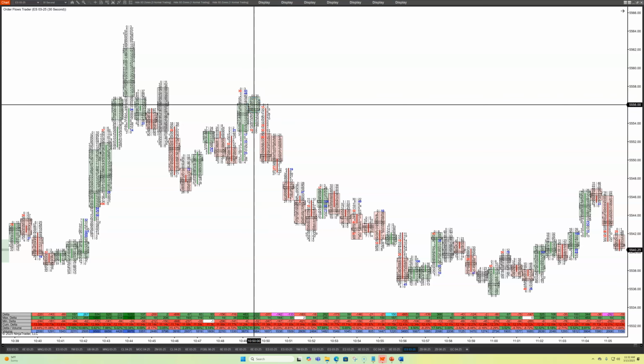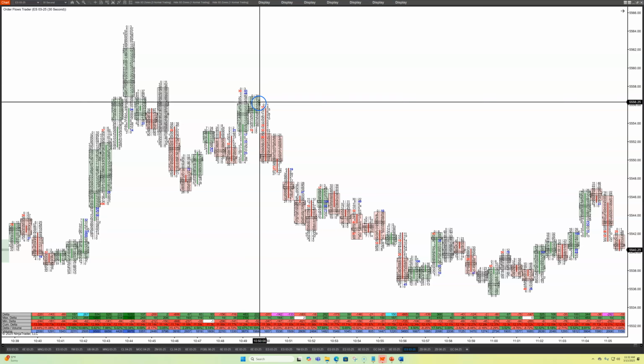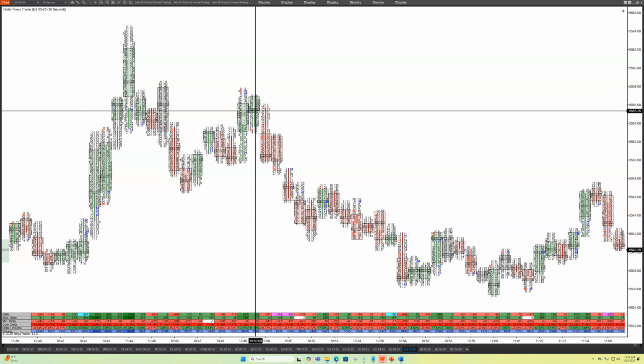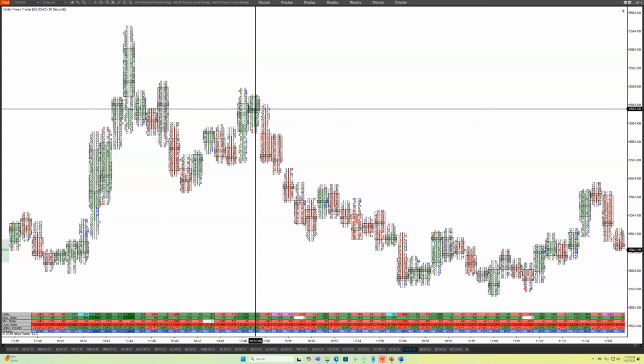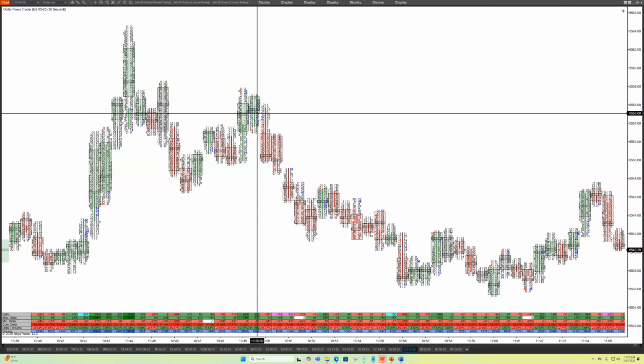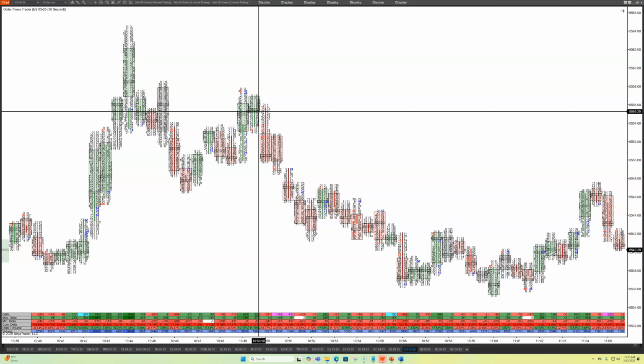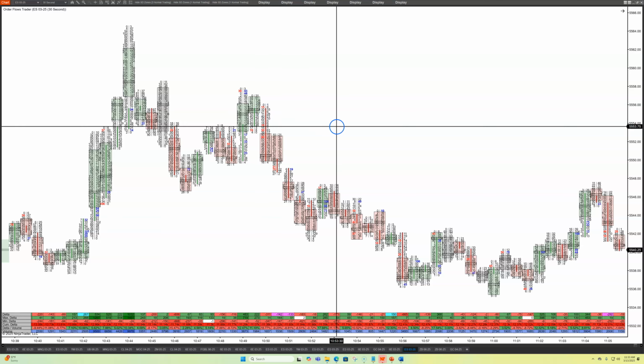And through our analysis over the years, we found that there are certain times what we call absorption taking place in the value area itself, okay, which is important to us as a trader. Because if we can identify these value areas where absorption is taking place, they could signal great trading opportunities.